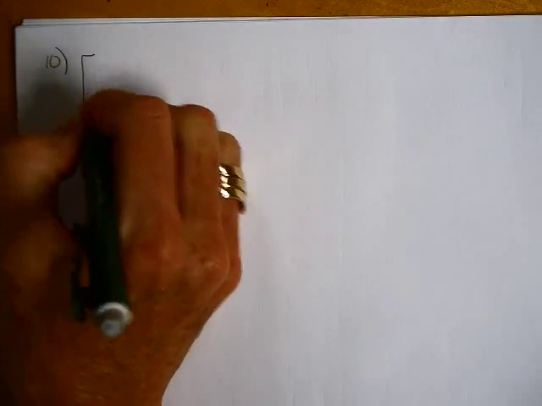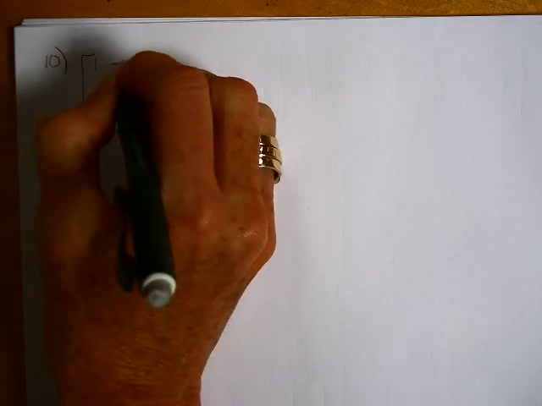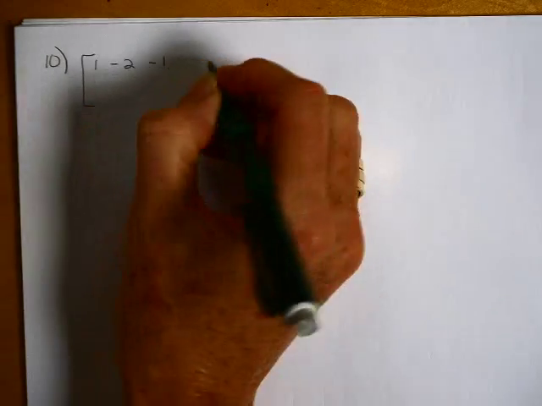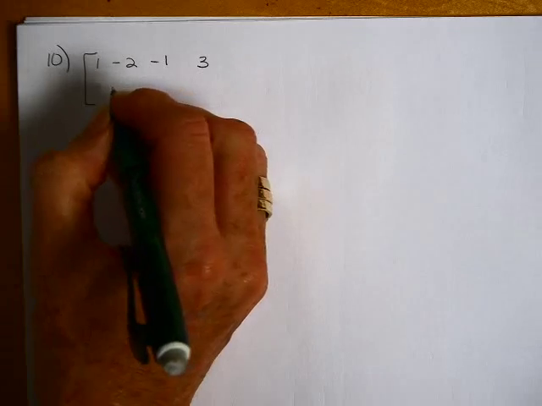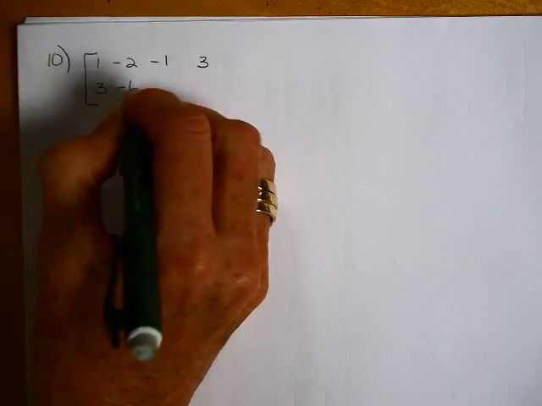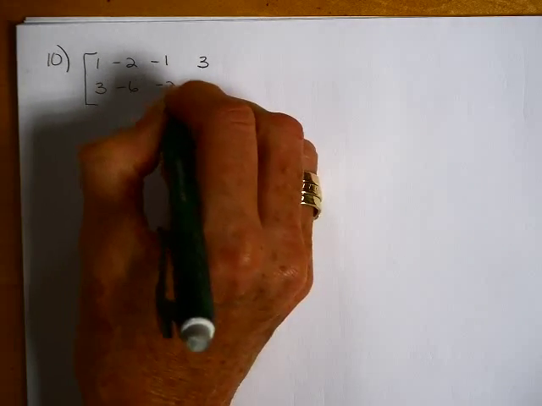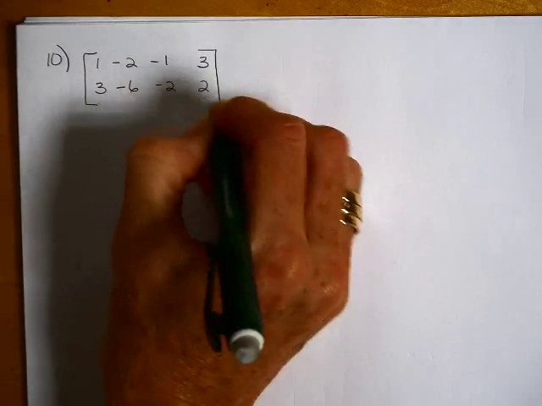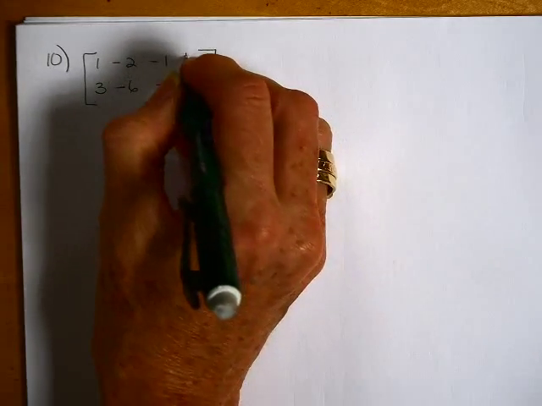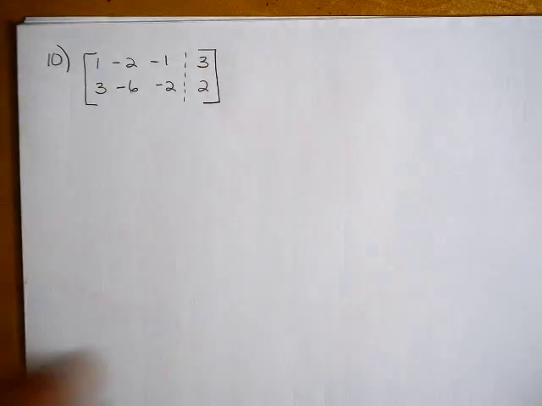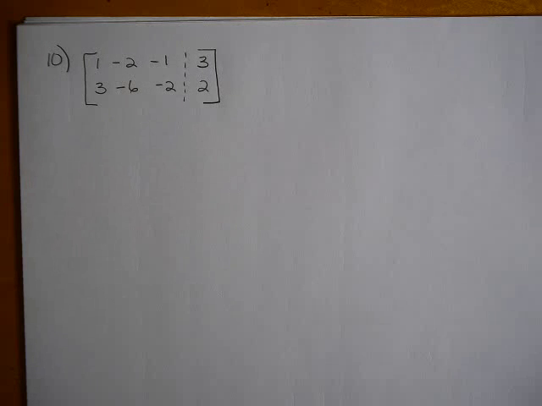Here is a matrix: 1, -2, -1, 3, 3, -6, -2, 2. This is augmented. Find the general solution of the system that represents this augmented matrix.